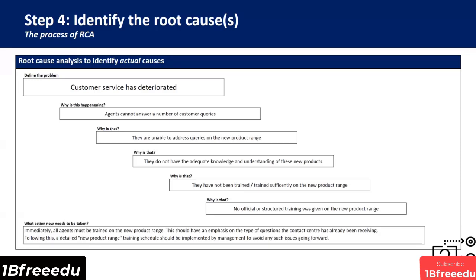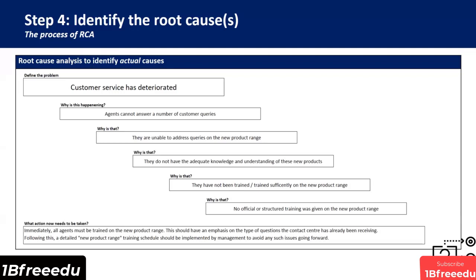So the aim of this is to go as deep as possible into that. So it's 5 whys, you can do 3 whys, you can do 7 whys to understand exactly why that has actually happened. Once you've done that, you then talk about the action you can then take away from that particular tool. So here, immediately, all agents must be trained on the new product range.